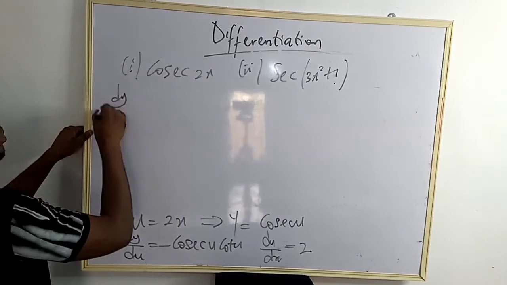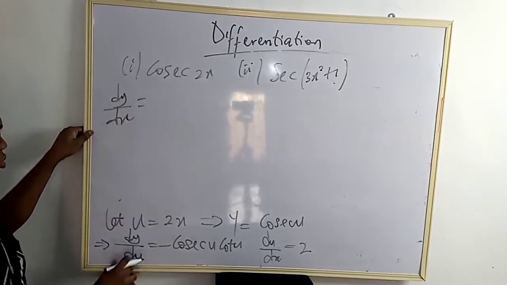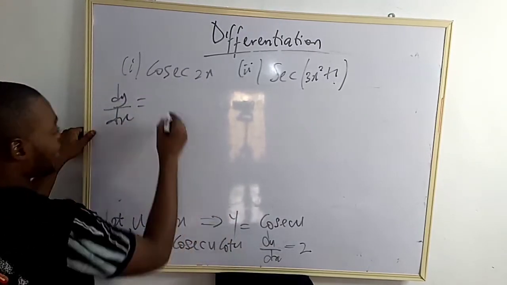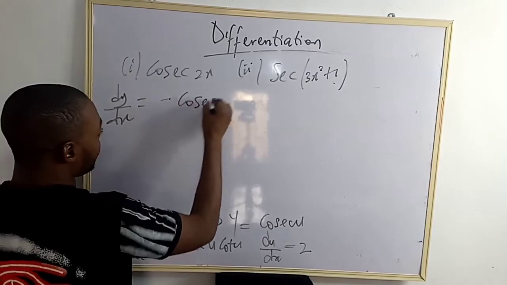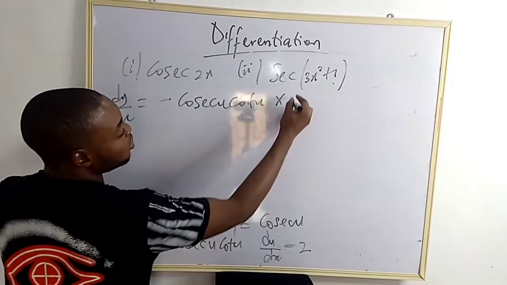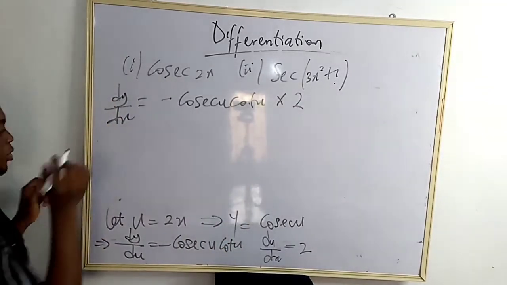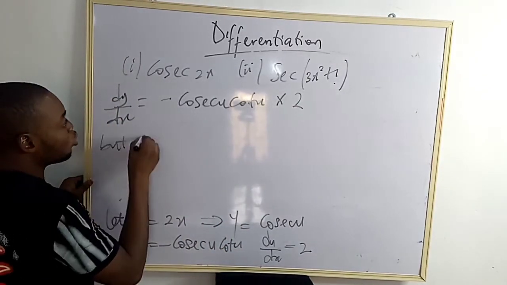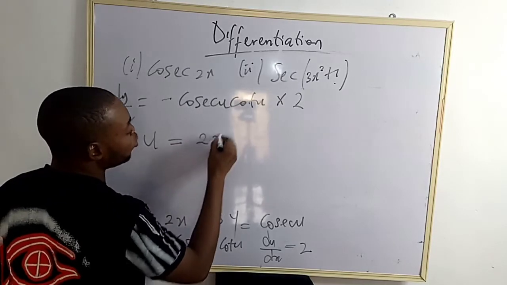dy/dx will be equal to dy/du times du/dx, that is minus cosec u cot u multiplied by 2. But don't forget, u is equal to 2x.